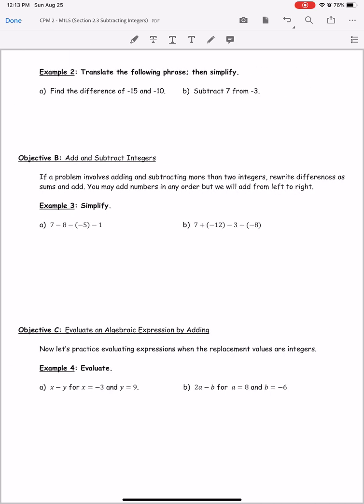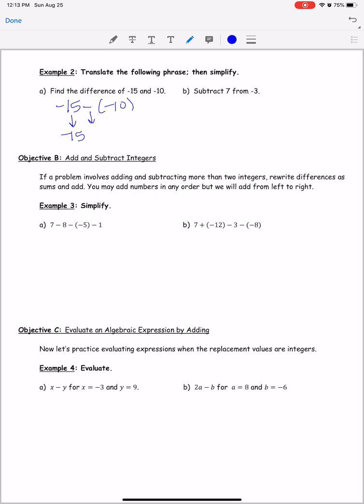All right. Example 2, translate the following phrase. Then we need to simplify it. Find the difference of -15 and -10. Difference here means subtract, so we've got -15 minus -10. Use your rules. Keep the first number, -15.